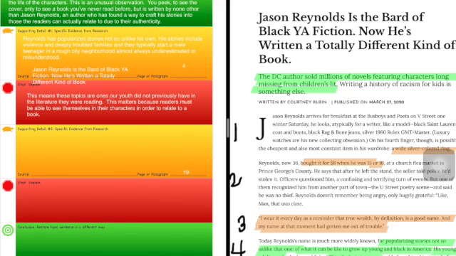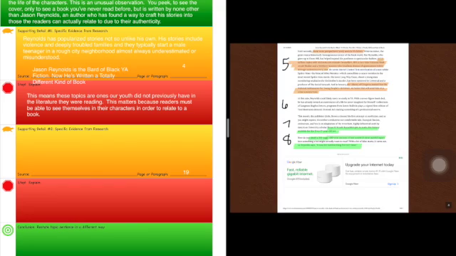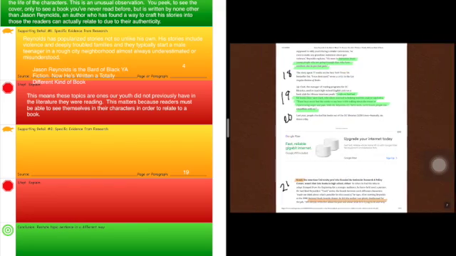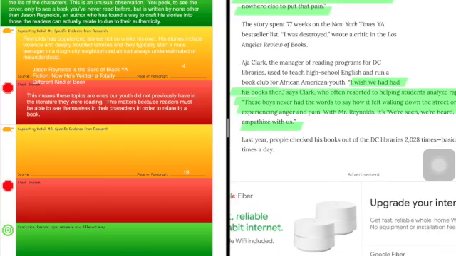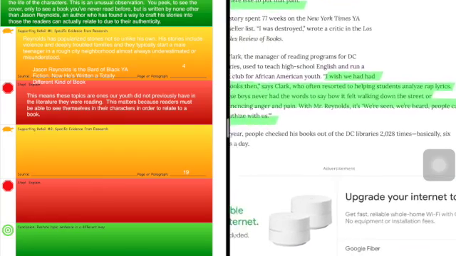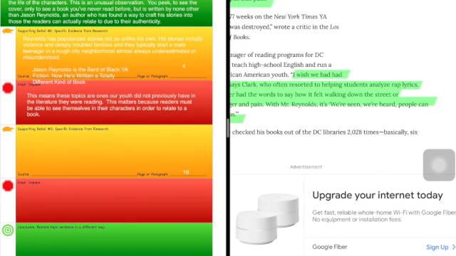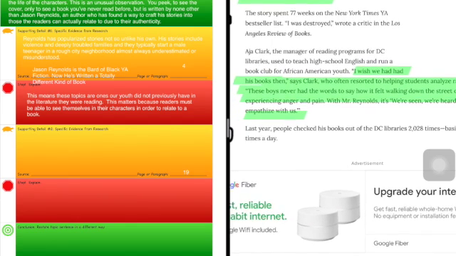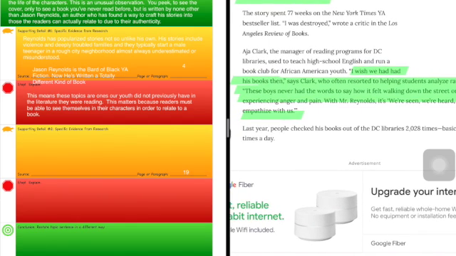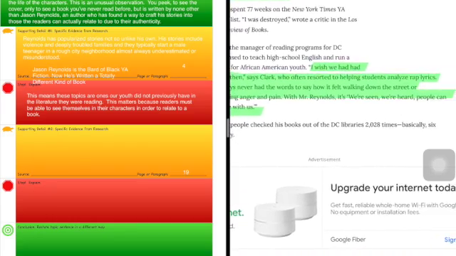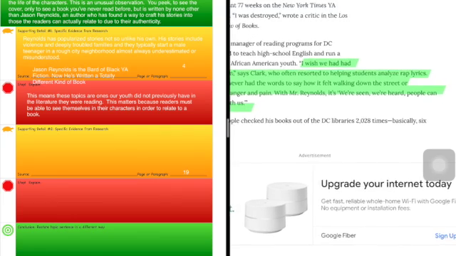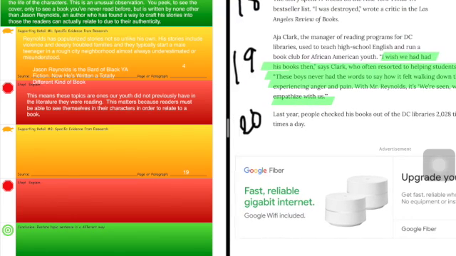And if not, that's okay. But I know exactly where that quote is because it is right over here in paragraph 19 of my text. So as you can see, before Jason Reynolds' story, she was saying that these boys never had the words to say how they felt walking down the street or experiencing anger and pain. With Mr. Reynolds, it's we're seen, we're heard, people can empathize with us.